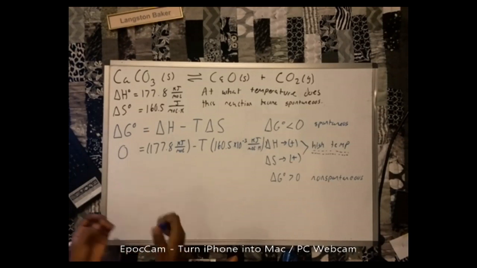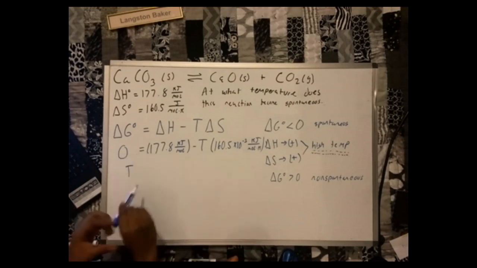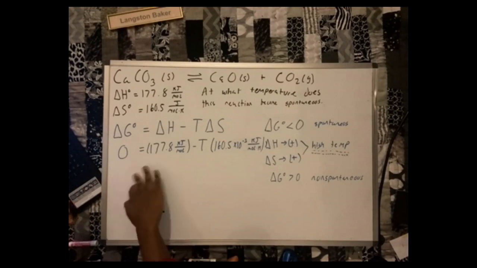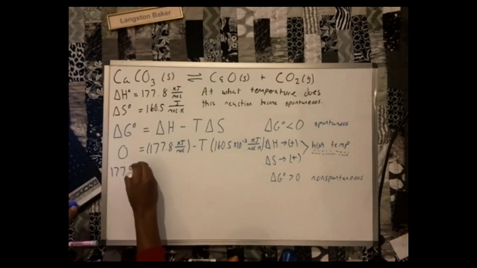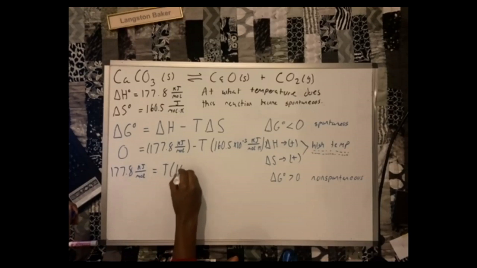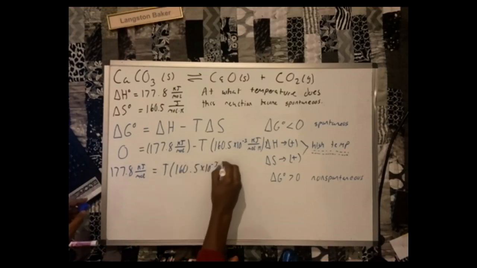Then I solve for my temperature. Add this to the other side and then divide by my S. So I have 177.8 kilojoules per mole equals T times 160.5 times 10 to the negative 3 kilojoules per mole Kelvin.